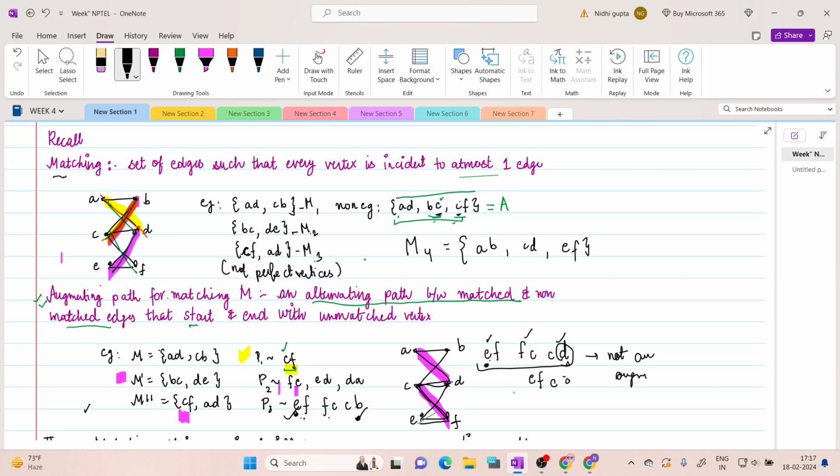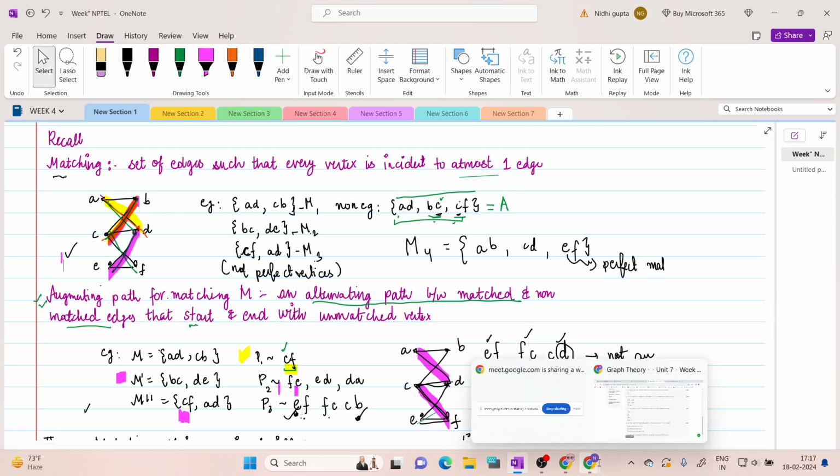Ma'am, can we say that perfect matching is maximum matching? Yes, if a graph has a perfect matching, then it will obviously be a maximal matching. But a graph need not have a perfect matching. This graph has a perfect matching, but a graph need not have one.